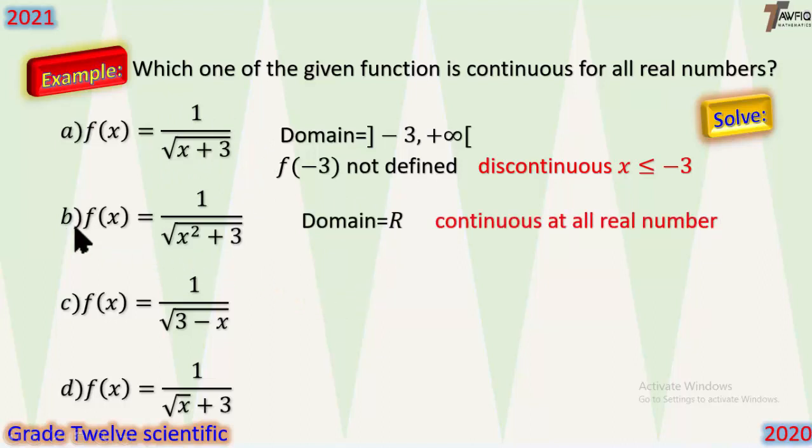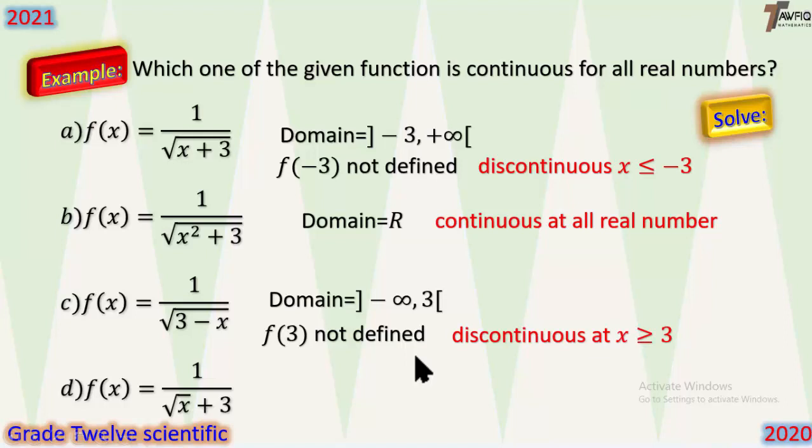The second one, B, its domain is all real numbers. That means this function is continuous at all real numbers. The third one, domain is from minus infinity to 3. That means f of 3 is not defined and it is discontinuous when x is bigger than or equal to 3.